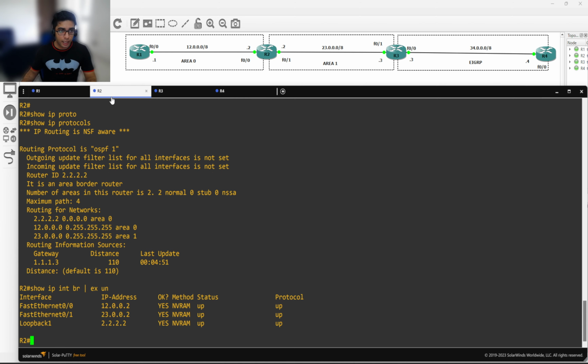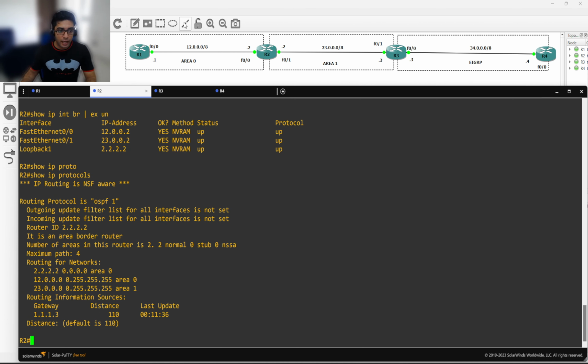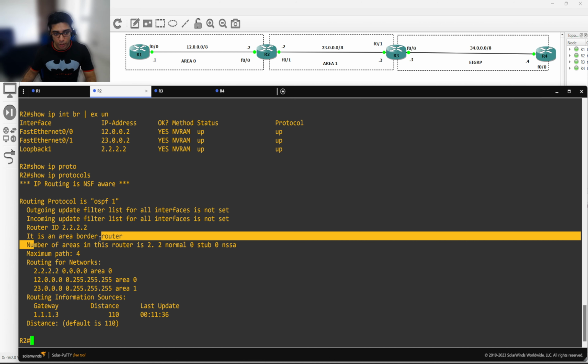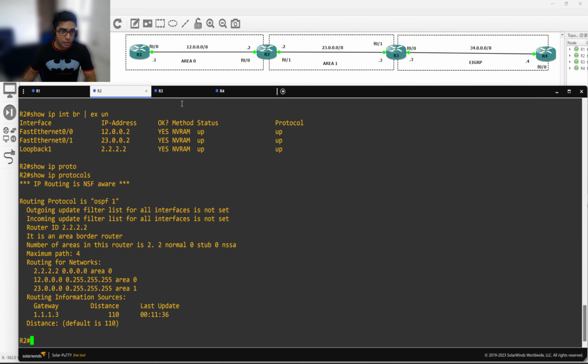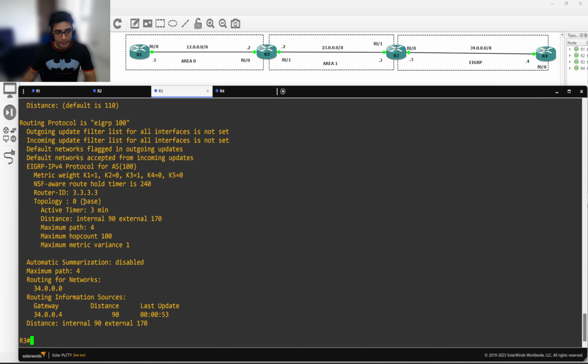On R2, if I do a show ip protocols, you can see that it mentions it is an area border router, but there is no such line which tells that R3 is an ASBR. The reason is that I have not yet redistributed the EIGRP network into the OSPF network. Once I redistribute, R3 will become the ASBR.